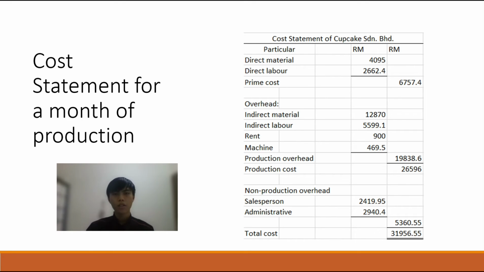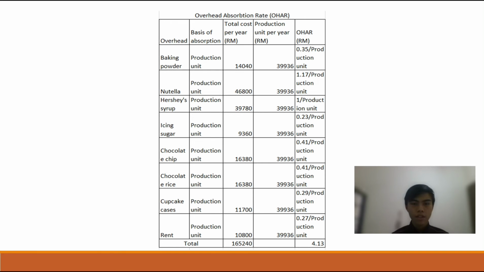So the total is 31,956 ringgit and 55 cents. And this is our overhead absorption rate, OAR, and the total after we absorb it will be 4 ringgit and 30 cents, and we are using production units as our basis.